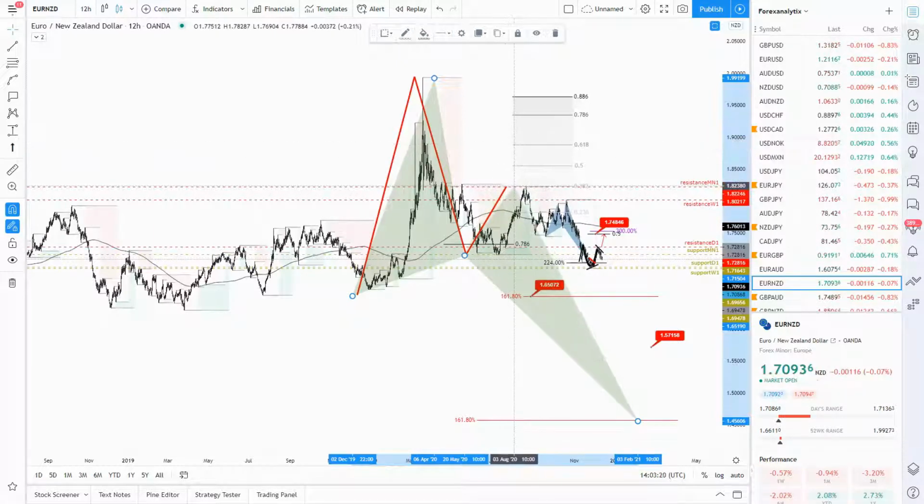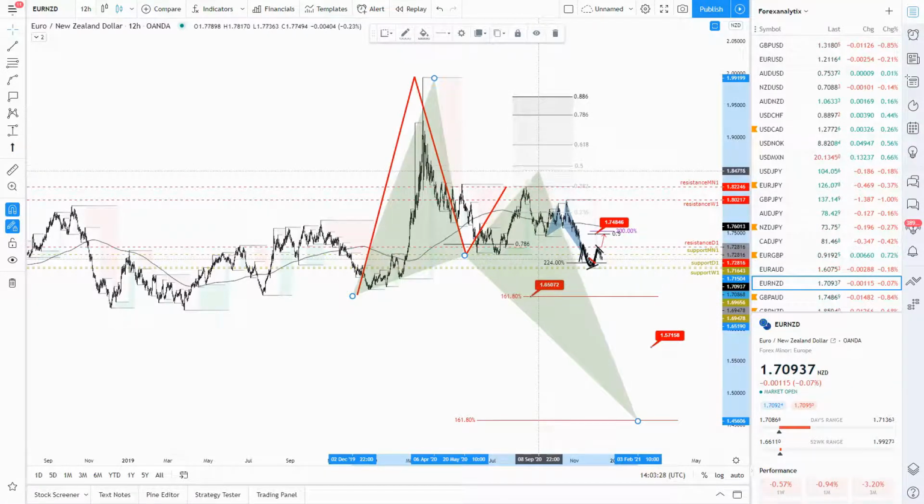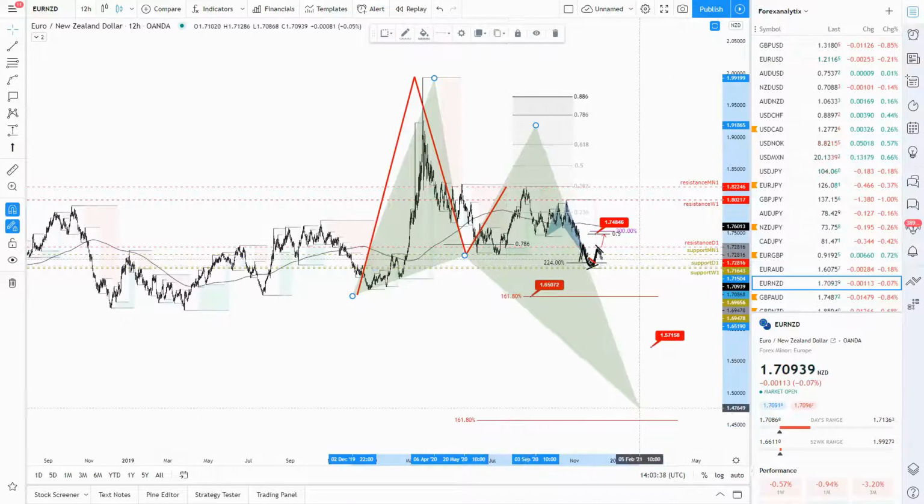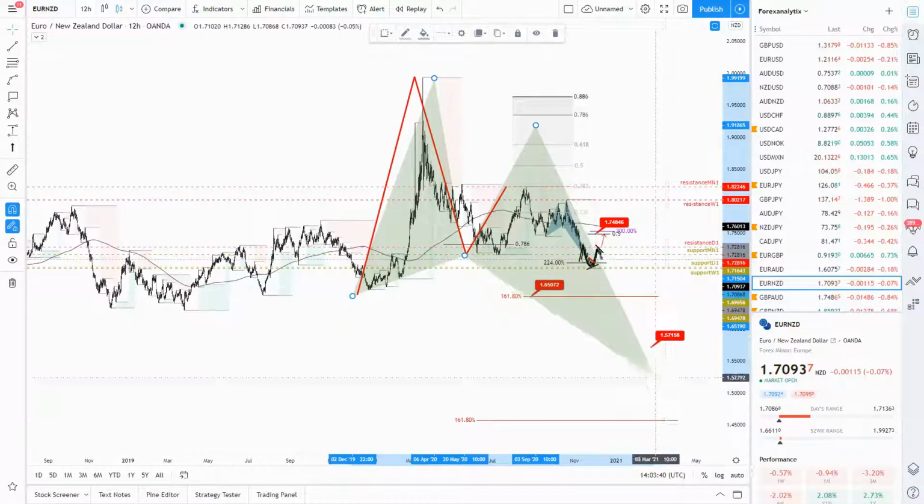Instead of a shallow bounce here to the 38% fib, or eventually the 50%, if the price starts to approach the golden fib and even higher, and then later starts to fall again, as soon as the market violates these previous structural lows, we start to project that bullish crab pattern below.